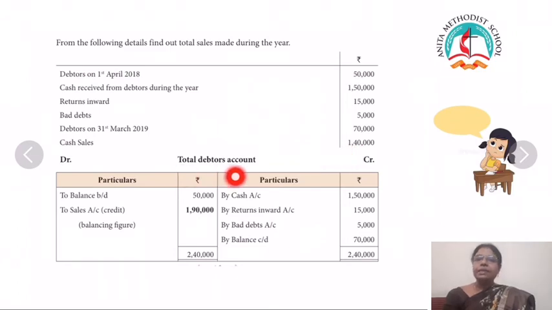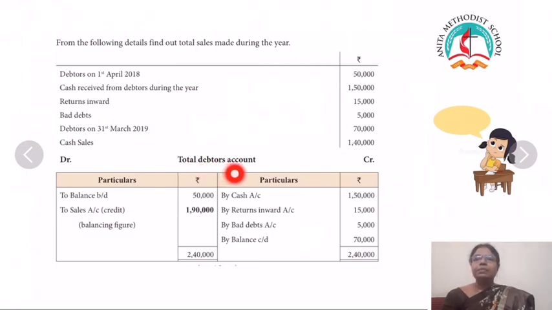Total sales is credit sales plus cash sales. Cash sales is given in the problem as 1,40,000. Now we have to calculate the credit sales. If you want to calculate the credit sales, you have to prepare total debtors account.